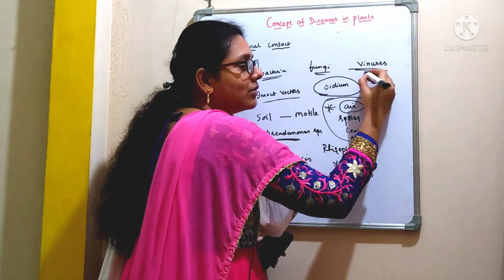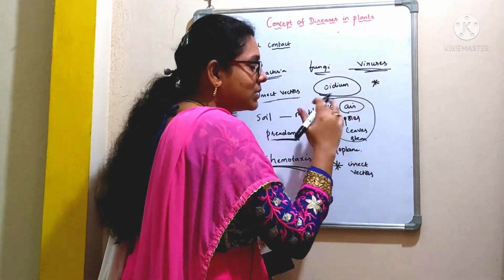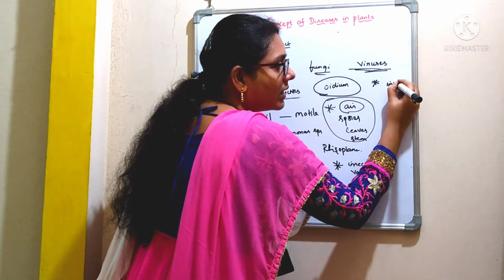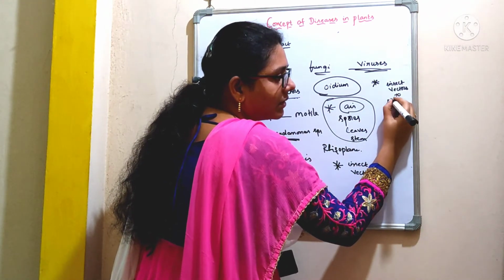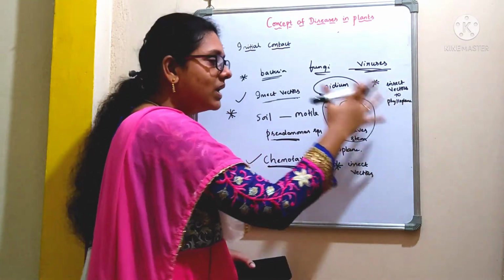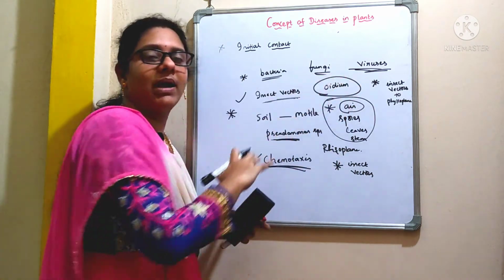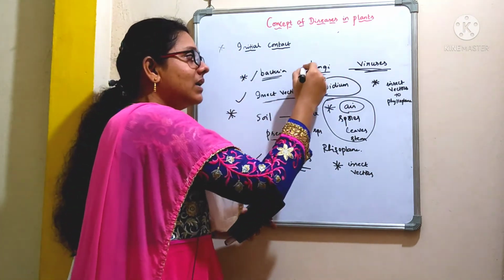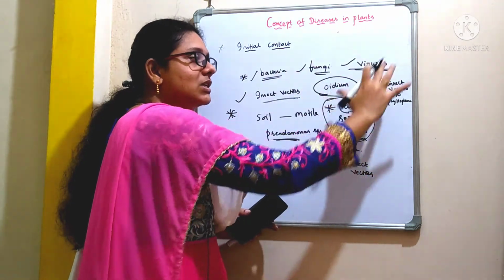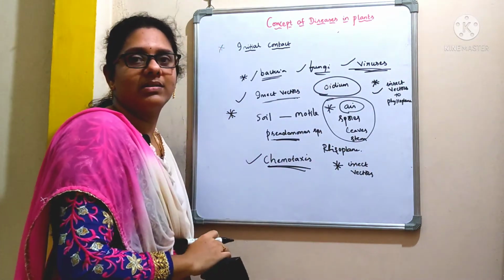Coming to the viral pathogens, these viral pathogens are mainly transmitted by insect vectors to the phylloplane. That means on the surface of the leaves. So here the insects play a major role in transmitting these plant pathogens, whether it could be a bacteria, fungi or a virus. So these plant pathogens are mainly transmitted by these insect vectors.